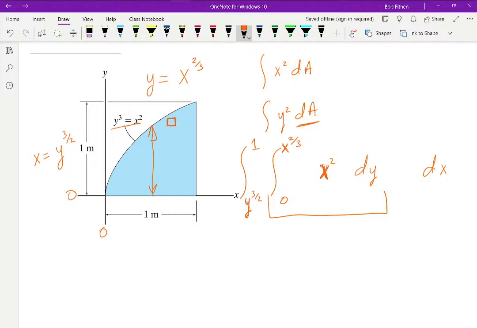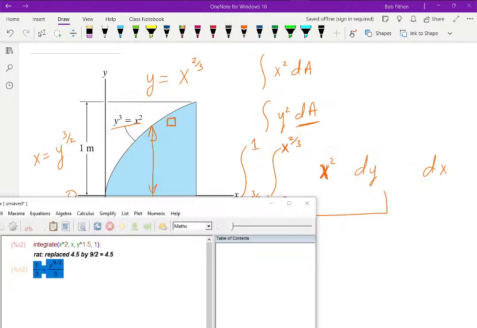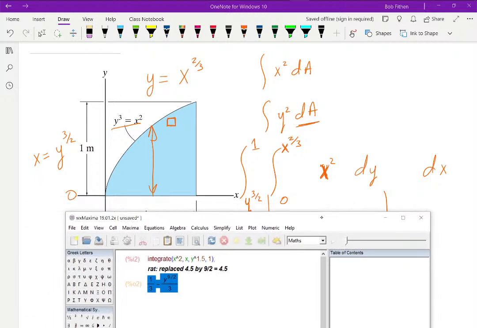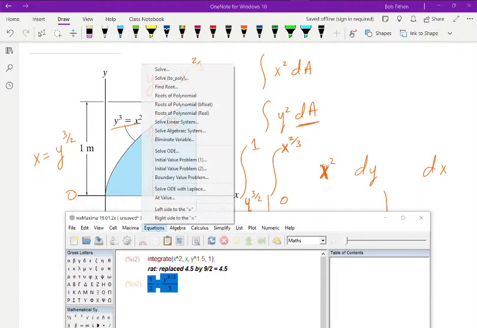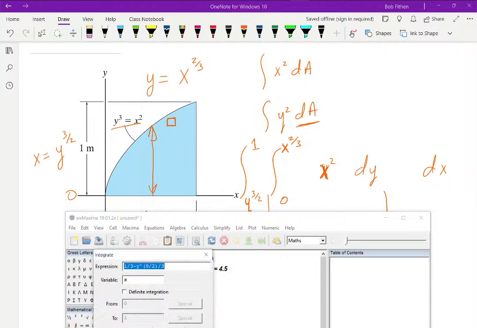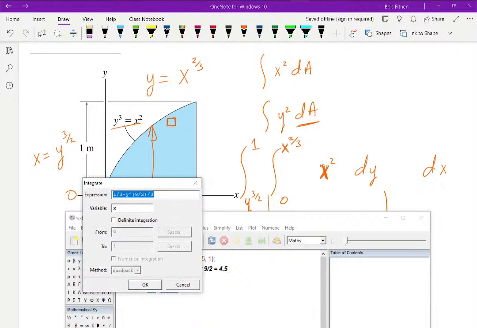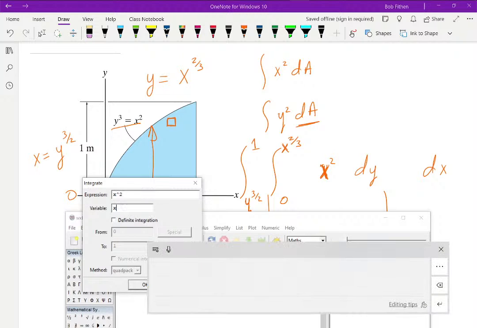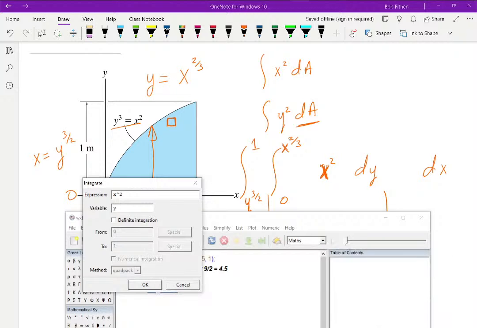And what you end up with from the first integral is x. Here, let me even use this thing. Going to integrate x squared with respect to y now.